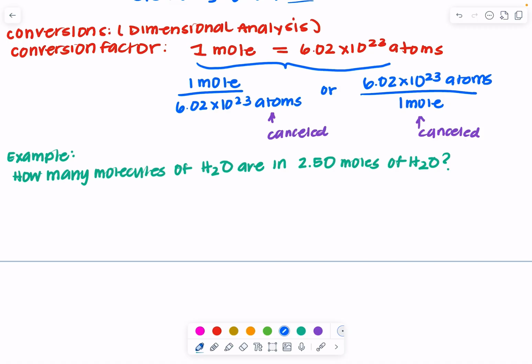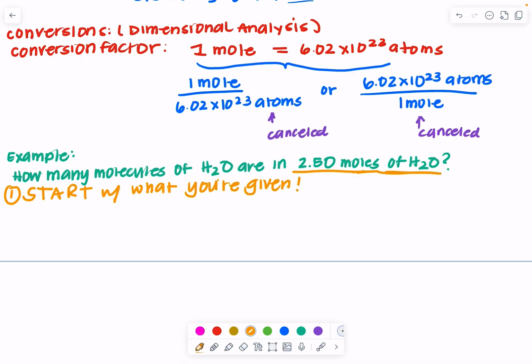So first thing we're going to do, and anytime we see a math problem in this class, first thing I'm always going to tell you is start with what you're given. And in this case, you are given 2.5 moles, and more specifically, 2.5 moles of water. Okay? So this is number 1. Number 2, use conversion factors.